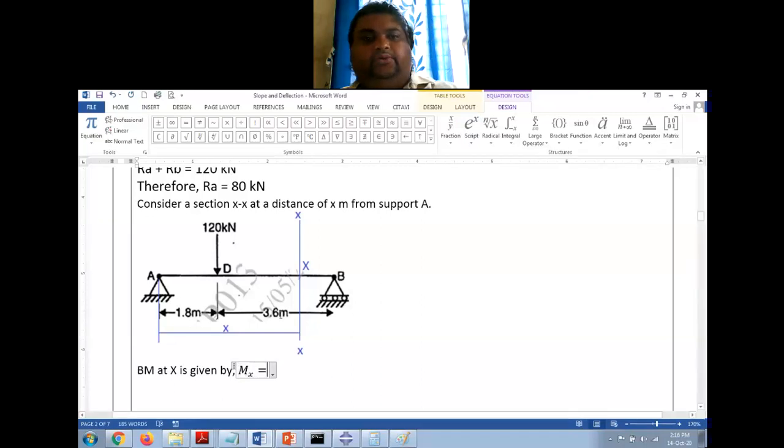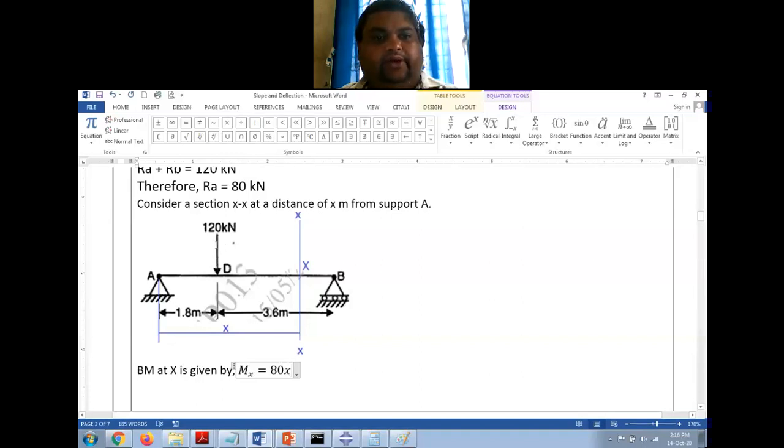Mx is equal to, at this section I need to find the bending moment. So I have RA into X. What is RA? RA is 80 kilonewton. So I will put the value directly, 80 into X, so it will be 80X.